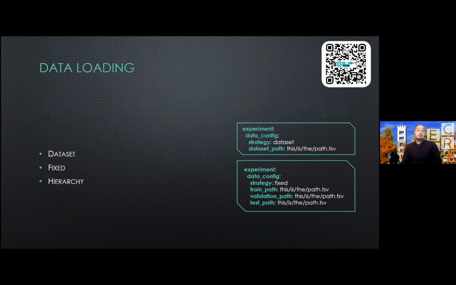But moreover, what you can do is to perform a complex splitting procedure with Elliot, and then you can save it on your hard drive. The next time you can use the splitting that you have already conducted. And that is the case of hierarchy.